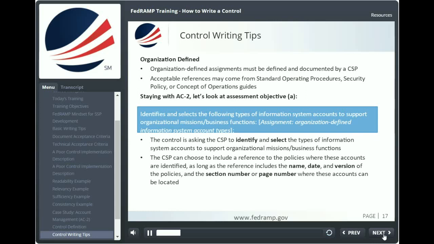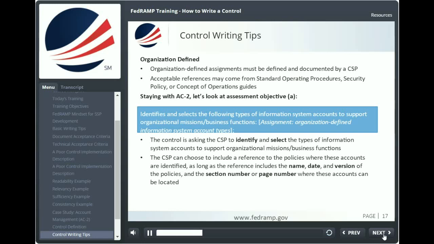So the definition and the assignment may come from standard operating procedures, policy documents, or a ConOps guide. From the requirement, the control is asking you to identify and select the following types of information system accounts to support organizational mission business functions. So these are essentially the accounts that relate to the system.